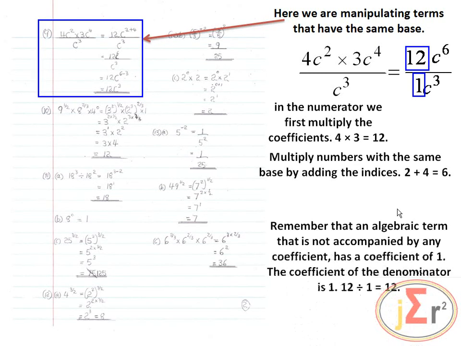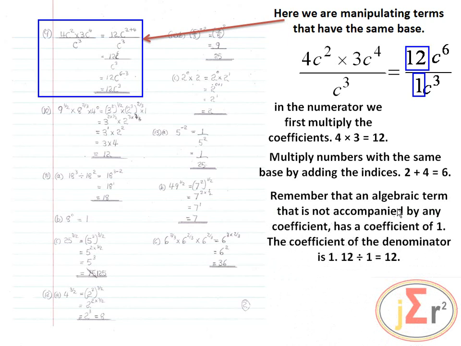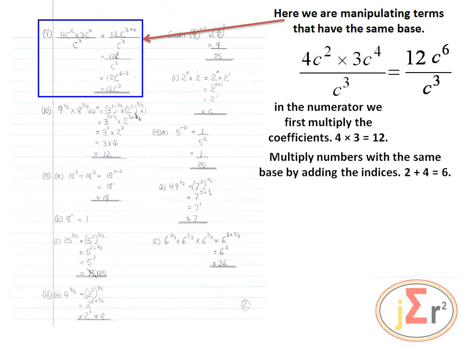We will therefore divide. Remember that an algebraic term that is not accompanied by any coefficient has a coefficient of 1. The coefficient of the denominator is therefore 1 because initially we have that term in the denominator not accompanied by any coefficient. The default coefficient, or the coefficient that we assume, is 1.